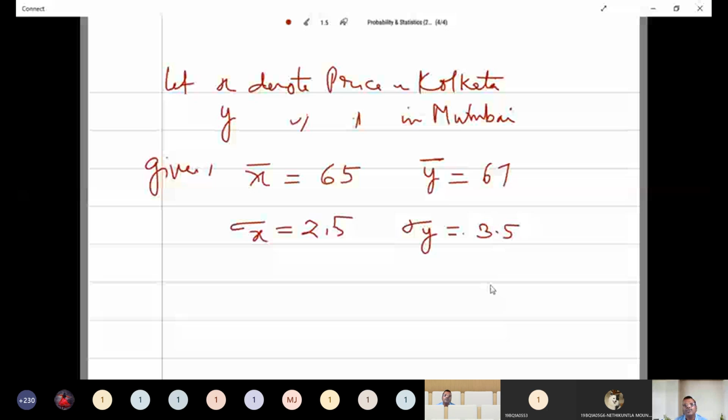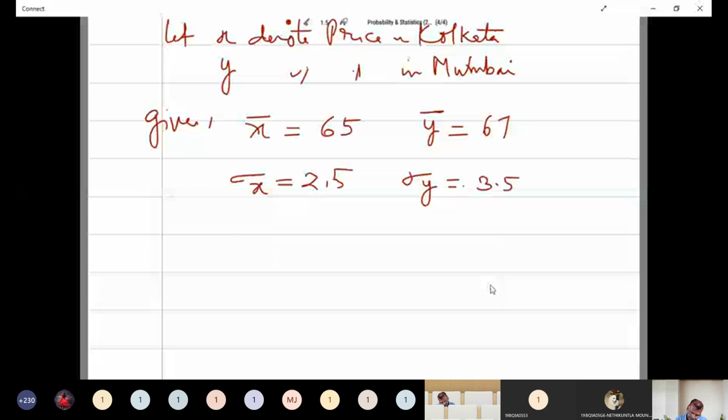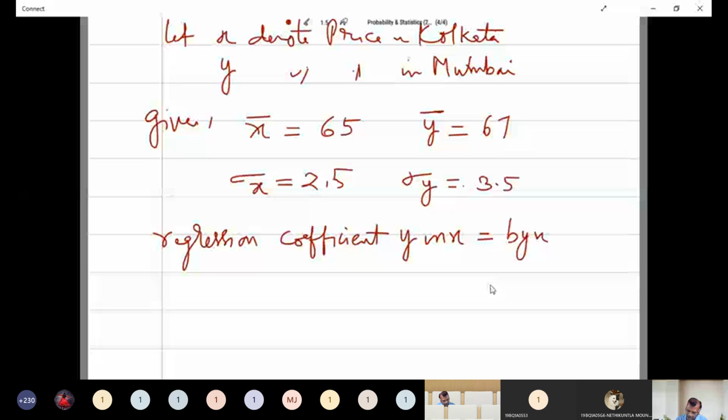For that we have to find the regression coefficient y on x, byx, which is r into sigma y by sigma x.